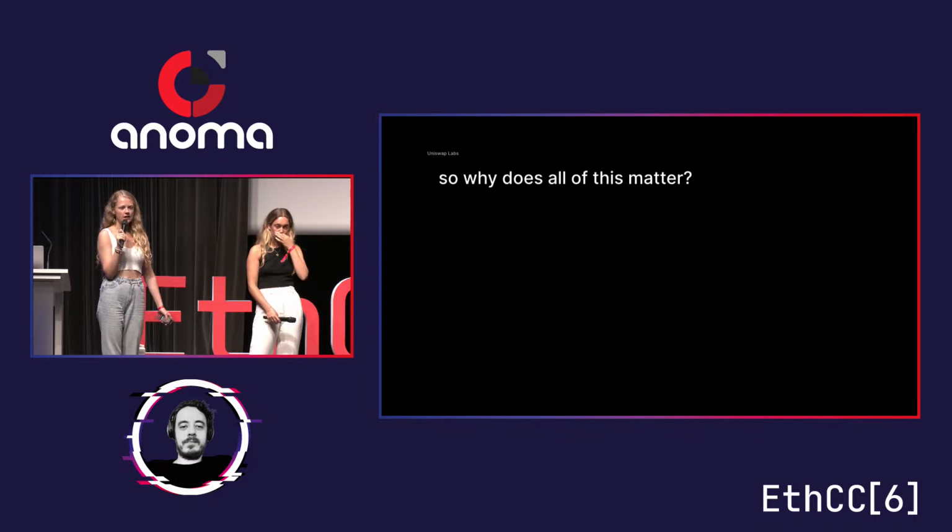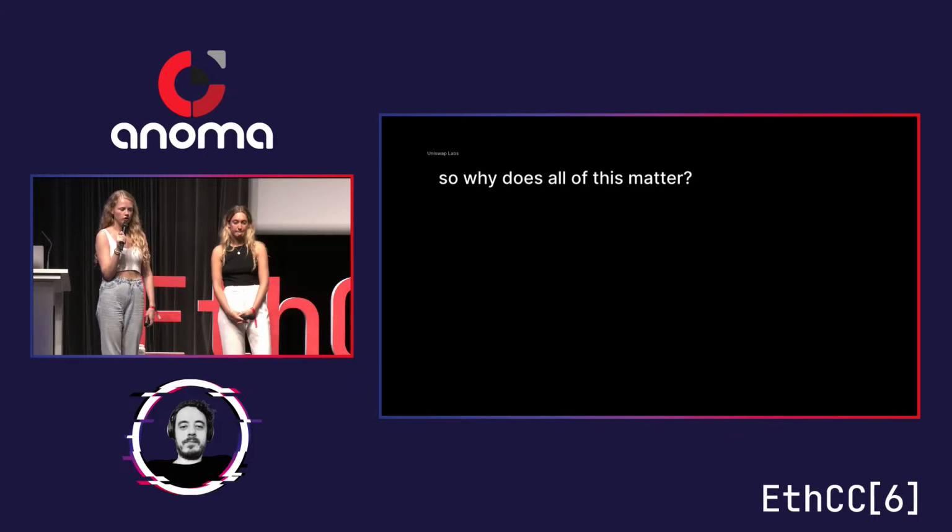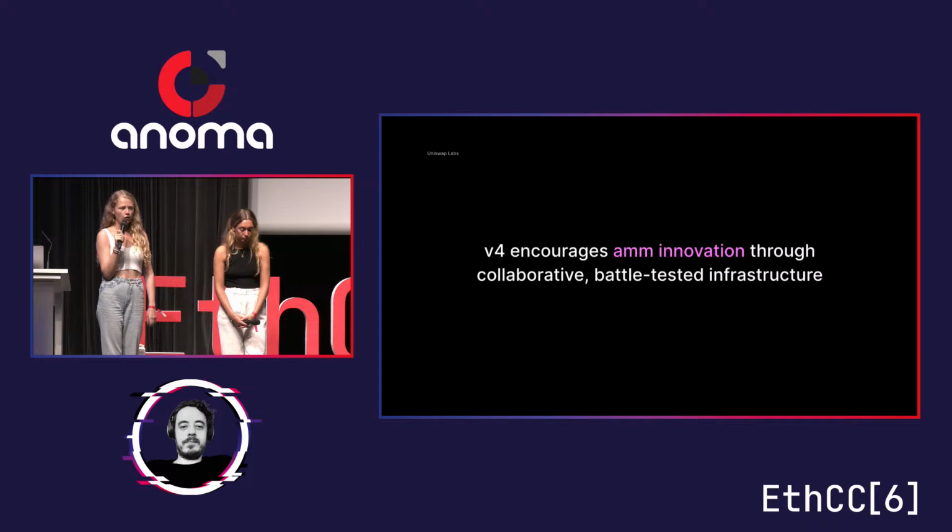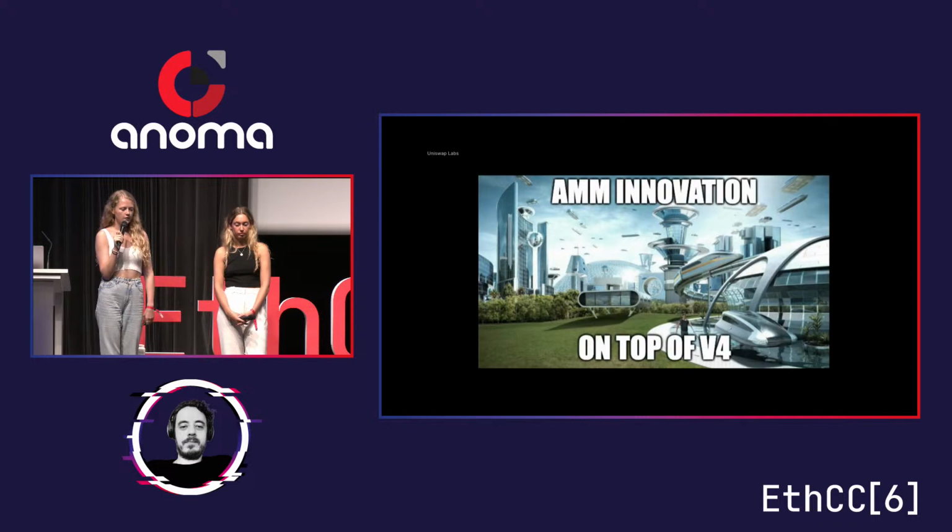But there's so many opinions out there of how things should be, and we wanted to maximize the way in which the entire world as a community can build what the future of an AMM looks like. And V4 hopefully encourages AMM innovation through this infrastructure that we've built. So hopefully this is what the future of V4 looks like.